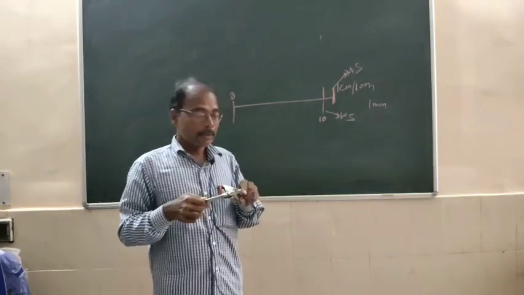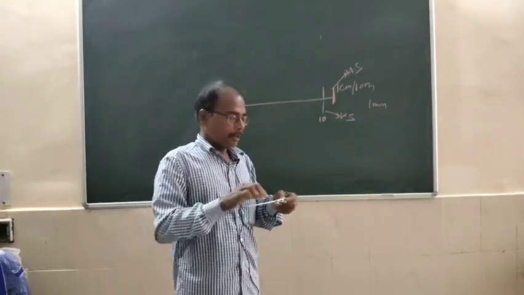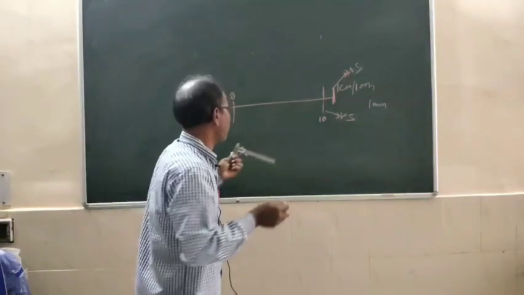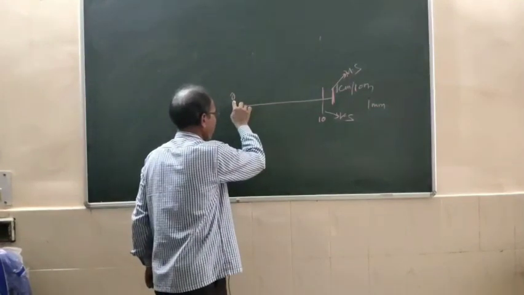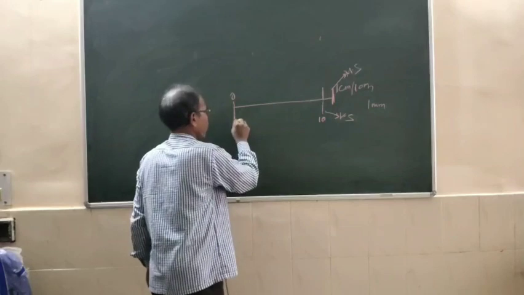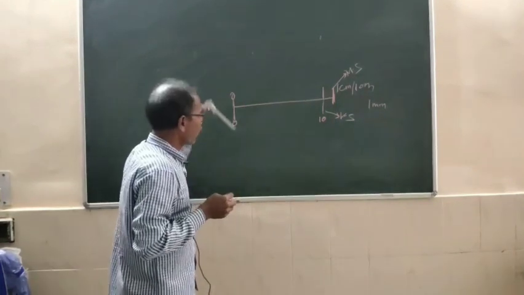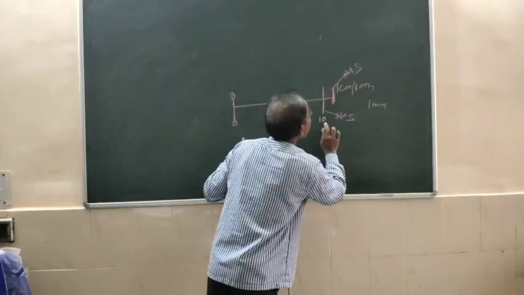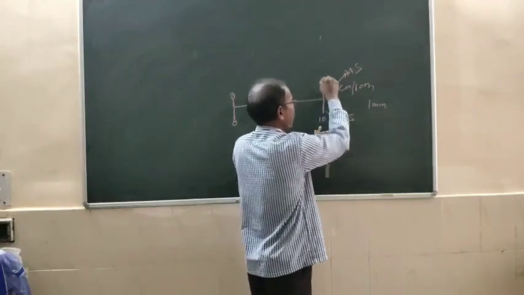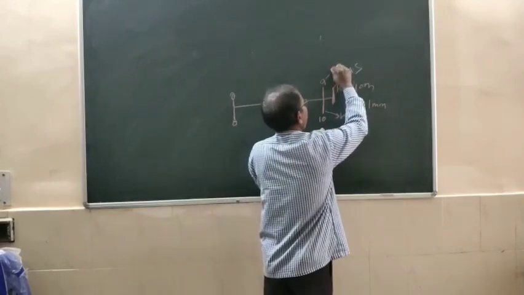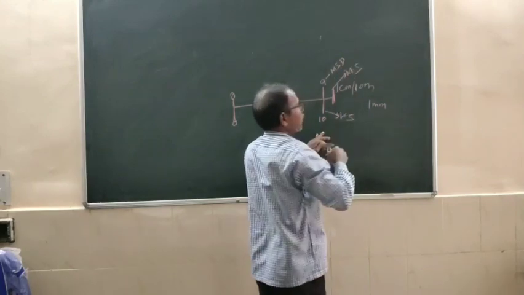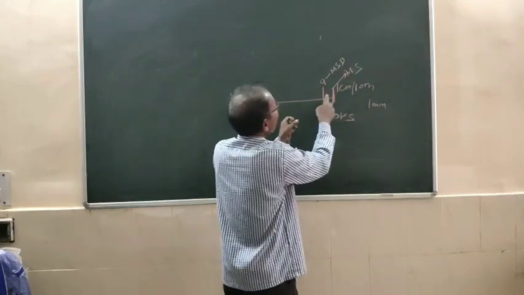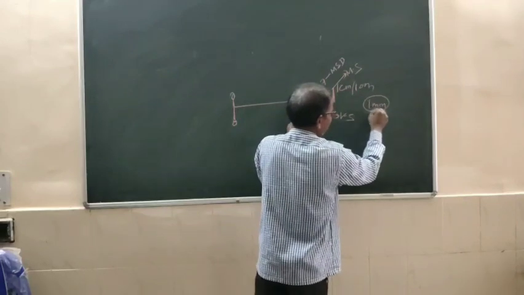How can we calculate the least count? When the two jaws are closed, the zero of the main scale and the vernier scale coincide. At the same time, 10 divisions of the vernier scale coincide with 9 divisions of the main scale, 9 MSD. 1 MSD is equal to 1 mm.